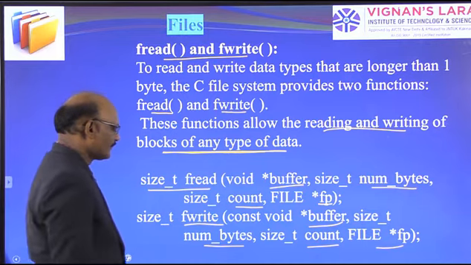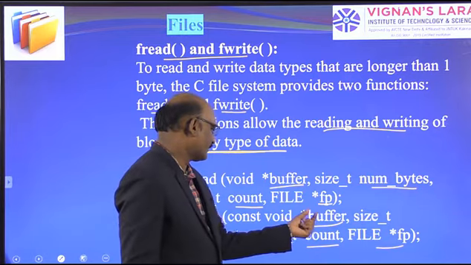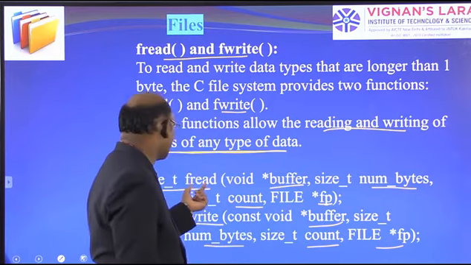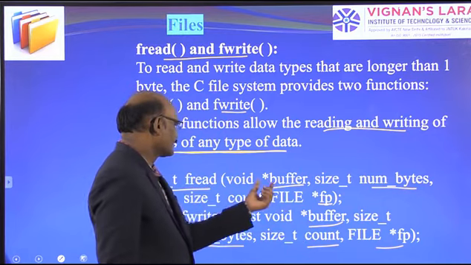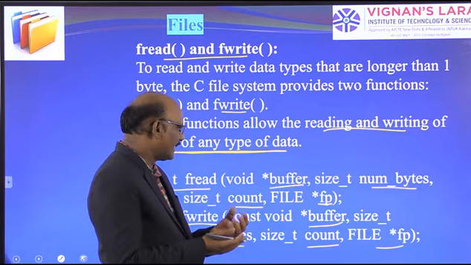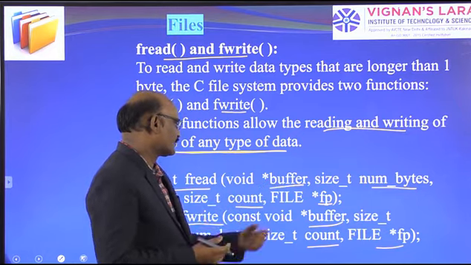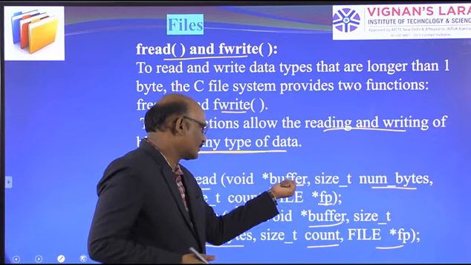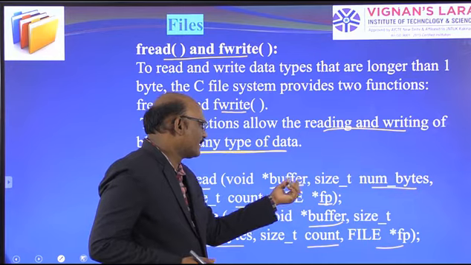So the buffer: what is the source for taking the data? In the case of fread, we are reading the data from the file. The data read from the file will be stored into this buffer. How many bytes?